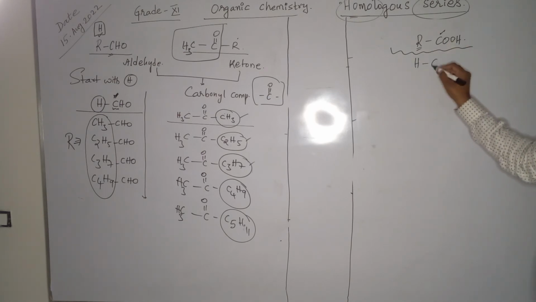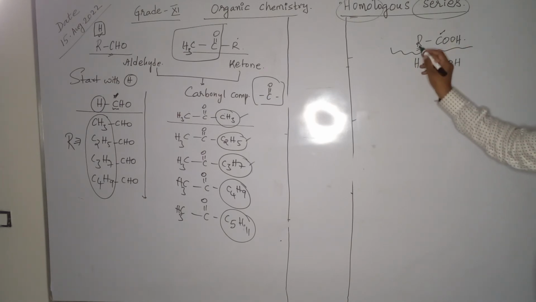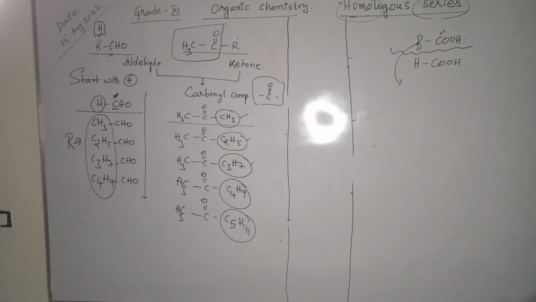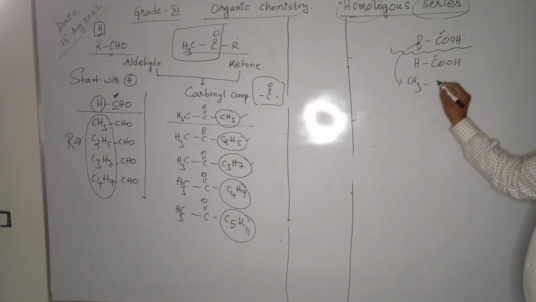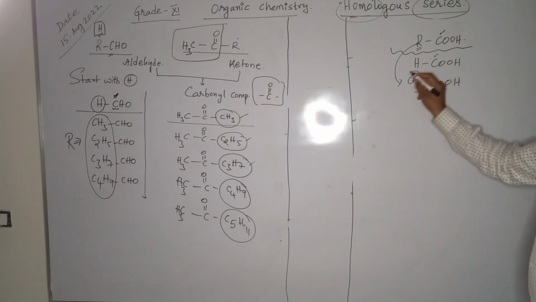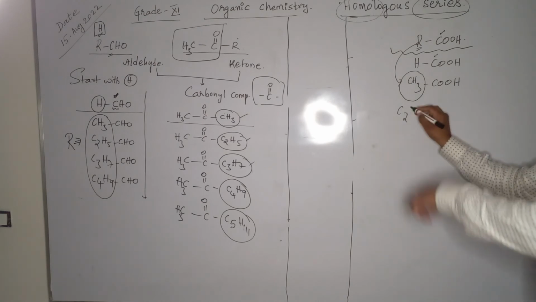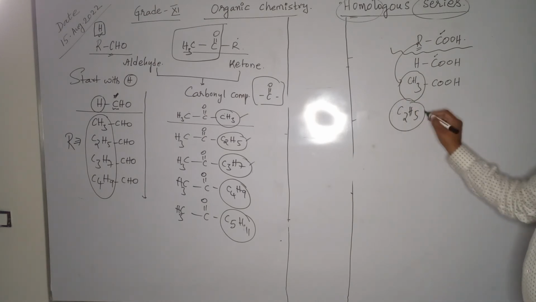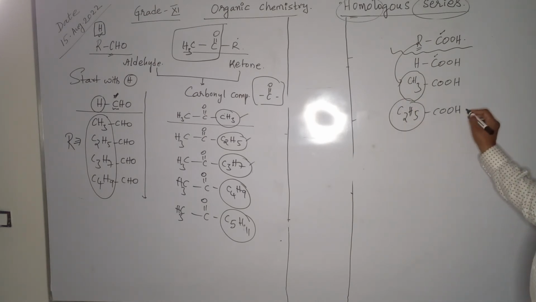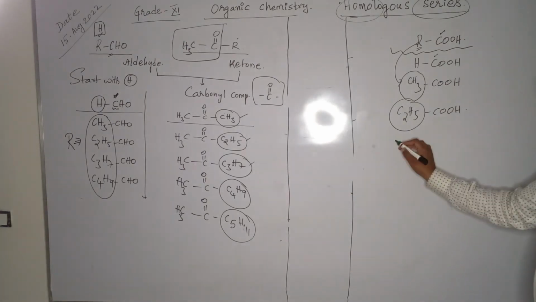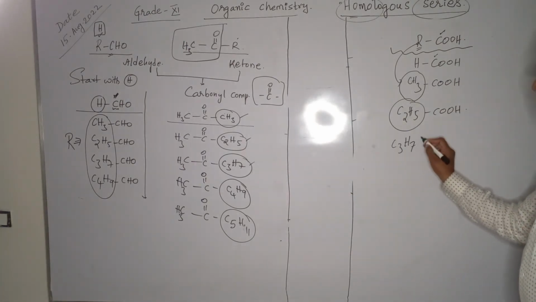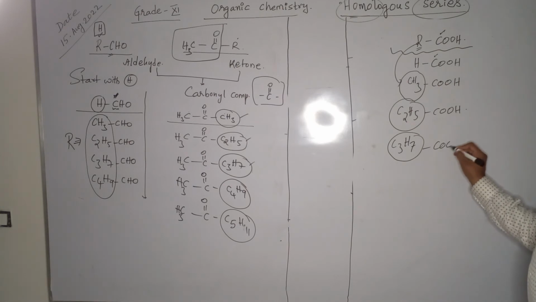Therefore the first compound is HCOOH. After that you start. One carbon is there. Next, CH3COOH, first methyl group. Next, you write C2H5 and add COOH. Next compound, C3H7 propyl group, and add COOH.